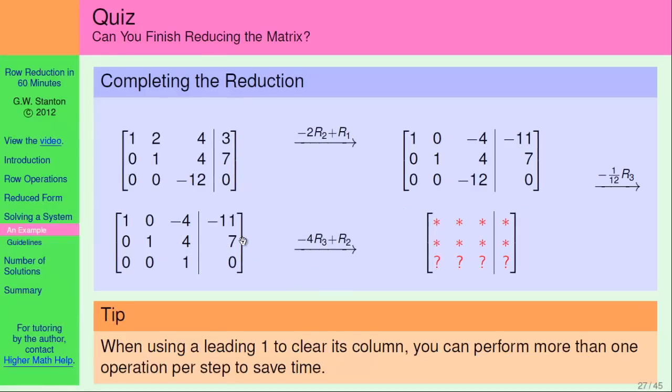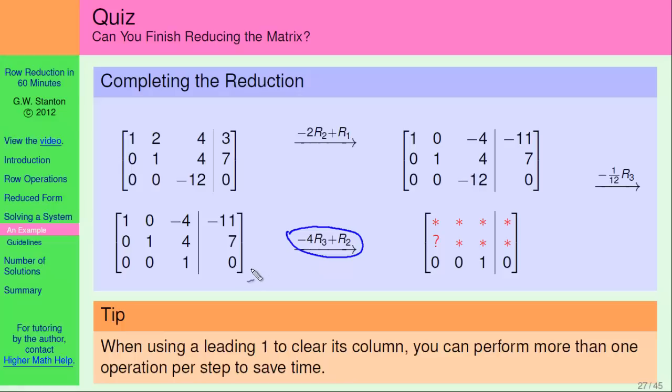First, we will copy down the row that doesn't change, and since we're clearing the 4 and the negative 4, the row that doesn't change is row 3. Now we can apply our row operation.